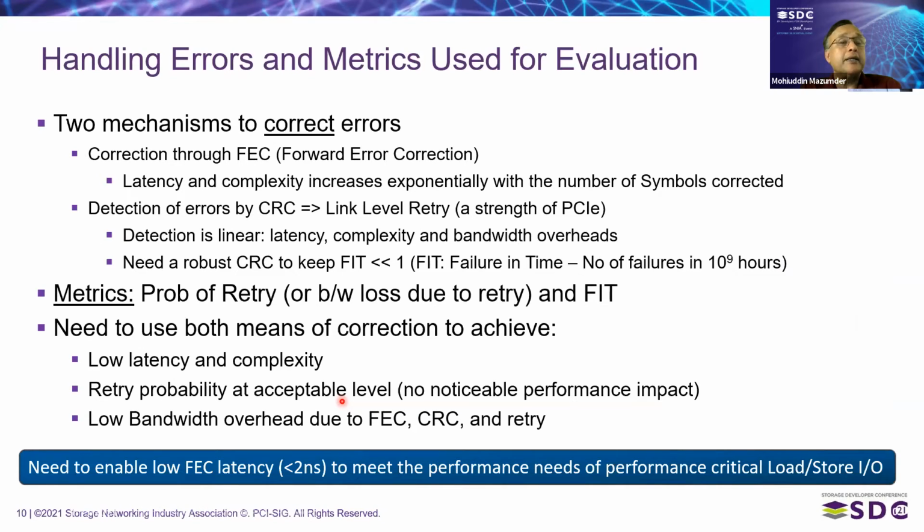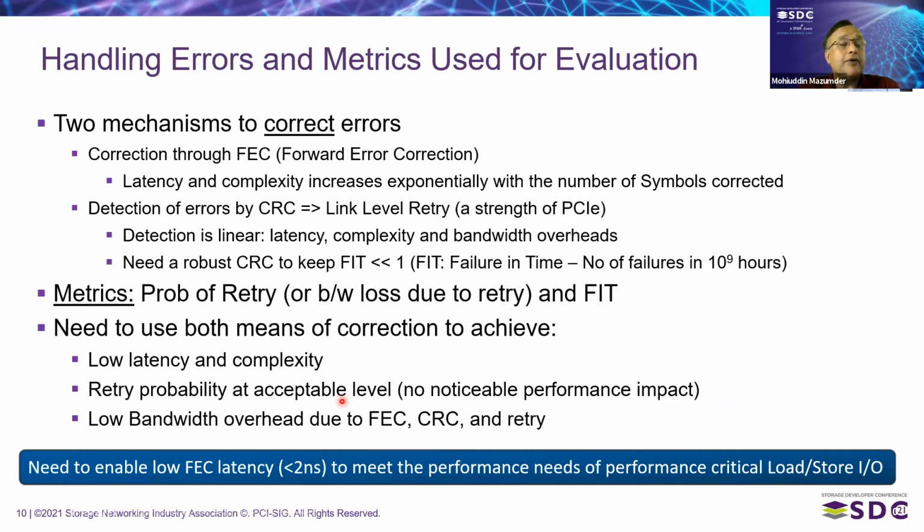So how do we handle errors, and then what metrics do we use? So the two mechanisms to correct errors, one is correction through FEC, forward error correction, but the challenge is latency and complexity increases exponentially with the number of symbols corrected. So the other mechanism is detection of errors by CRC. Link level retry is a strength of PCIe. It's unique.